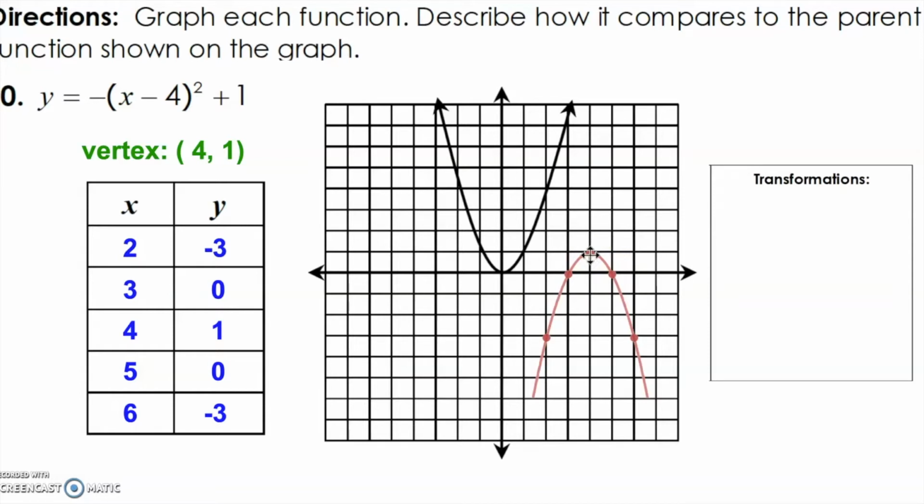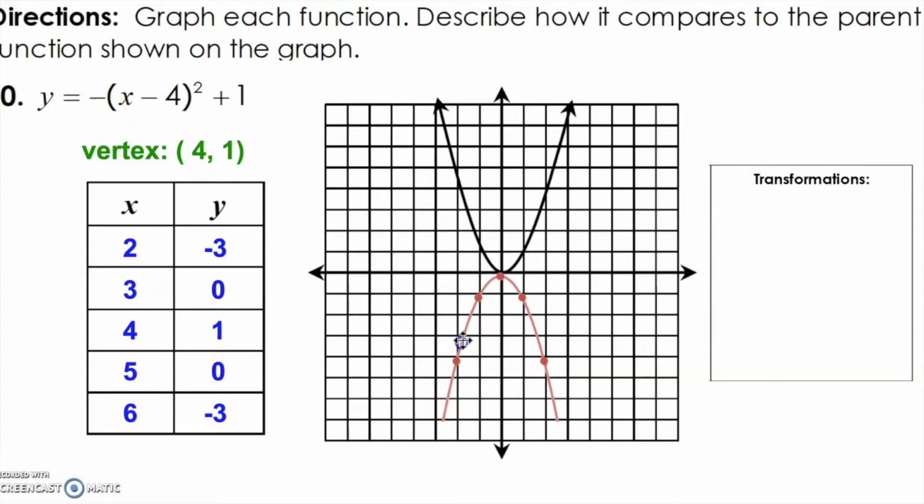So we have another transformation that happens here. What would have happened originally is I would have taken that parabola that we started with for our parent function, and you flip it. You reflect it across the x-axis. So we have that reflection happening because of that a value being negative.